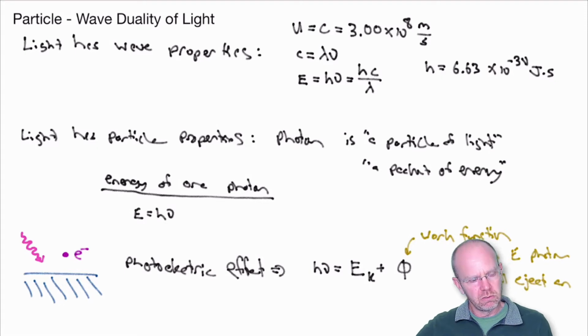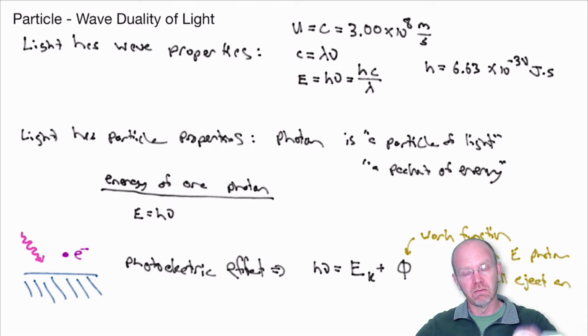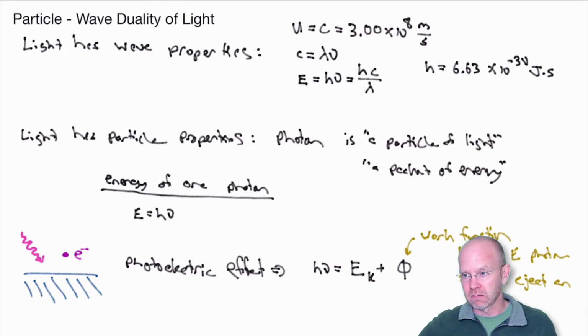But as soon as you increase the energy, or increase the frequency, or decrease the wavelength of that light enough, and one particle of that light has enough energy, an electron will be ejected. And so what that means is it requires an individual packet of light that contains enough energy to eject an electron. That's called the photoelectric effect.